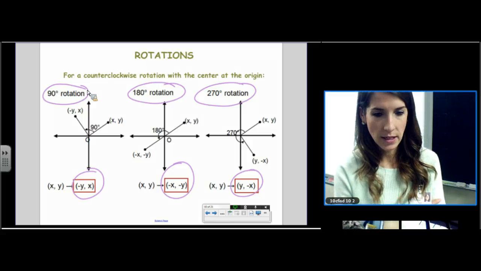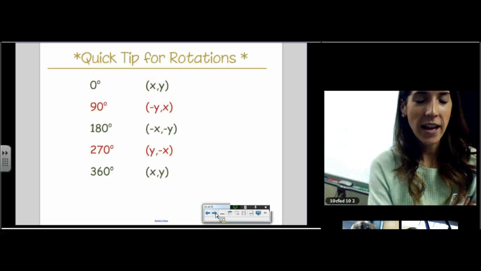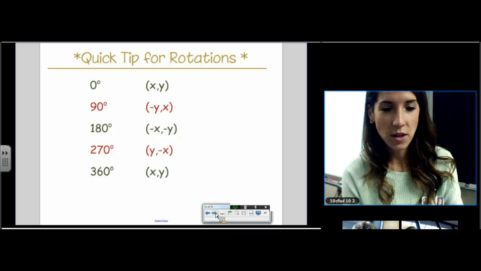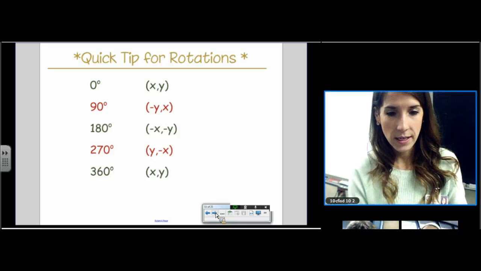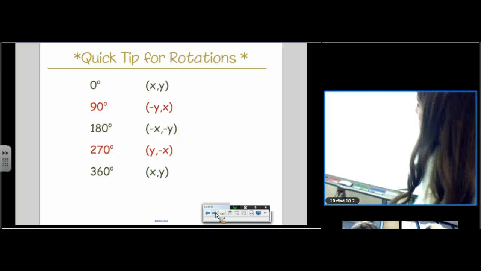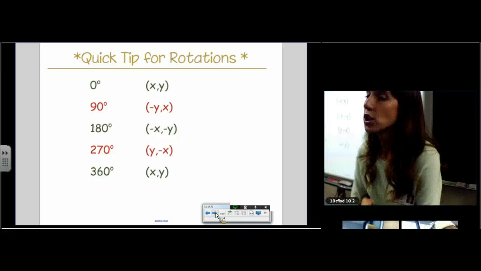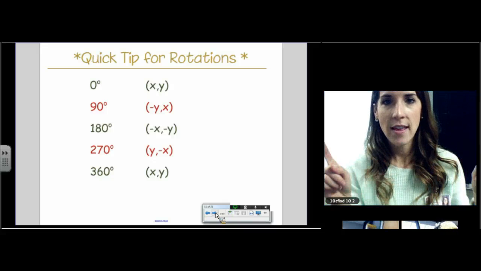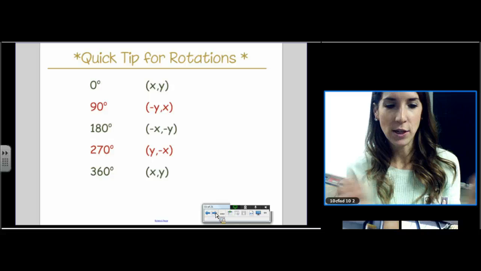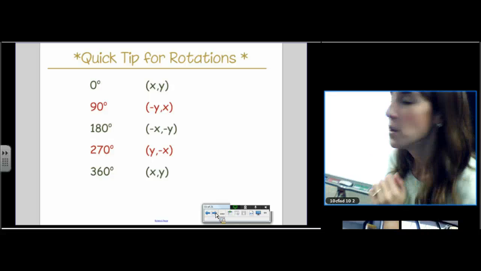Do y'all need more time to write these down? Okay, here's where I'm going to teach you how you can come up with these rules all by yourself. If you notice, every time that you go 90 degrees, you are trading places and making the first one negative. So let's look at it.